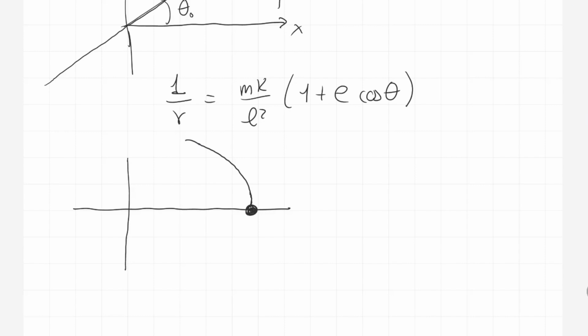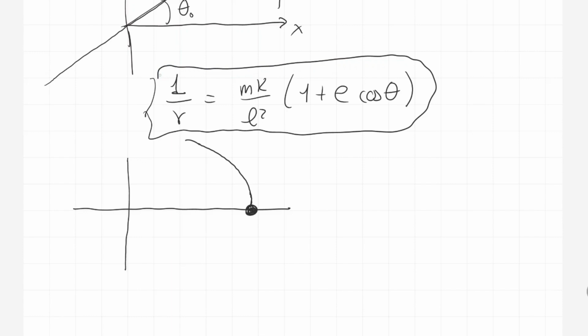We need to notice that we have here an inverse relation between r and what we have here, mk over L squared times 1 plus e cosine theta. That means that when r is minimum, all this expression is going to be as big as possible.